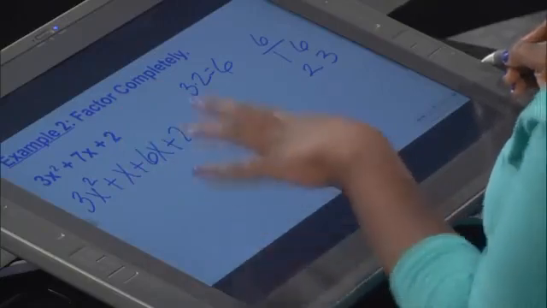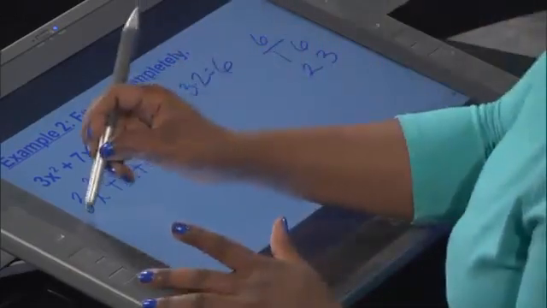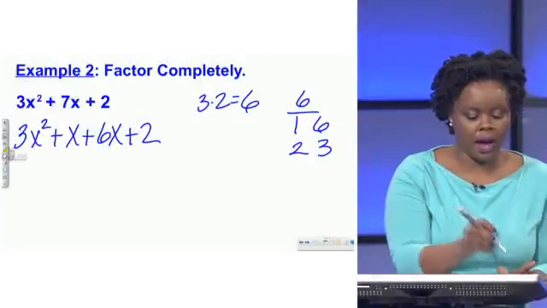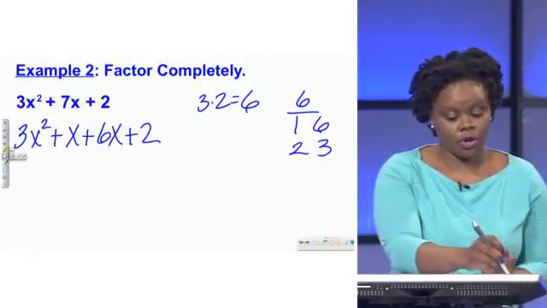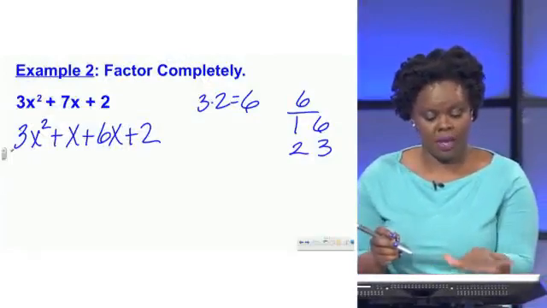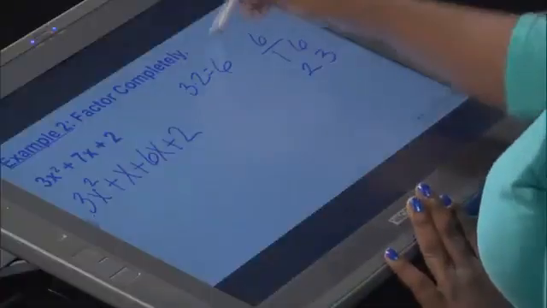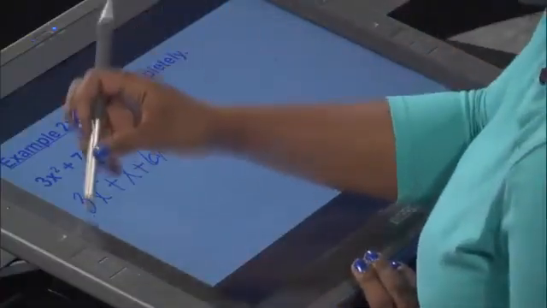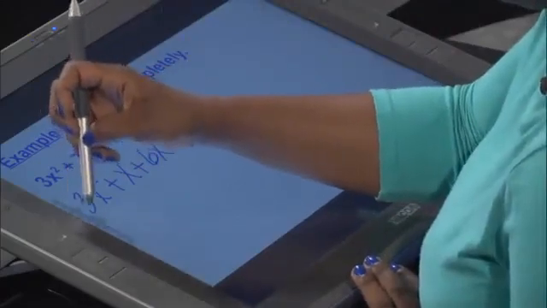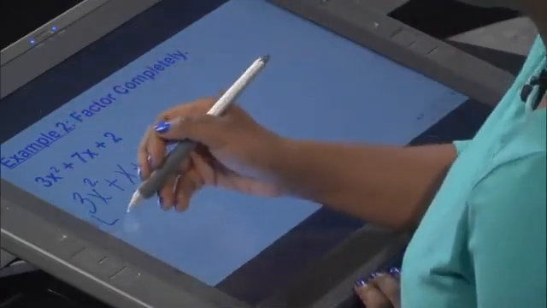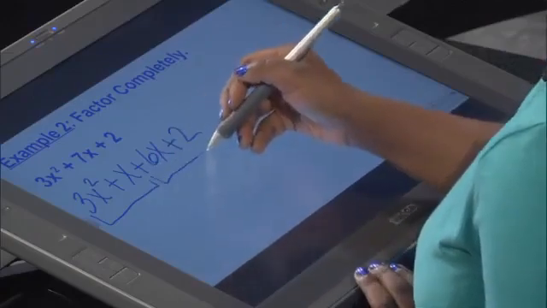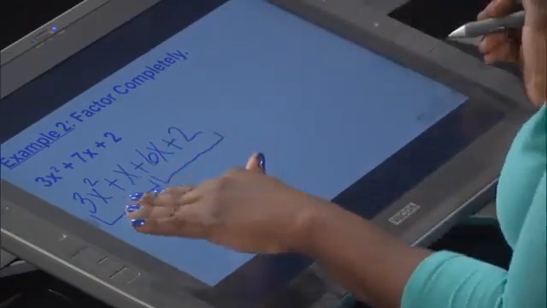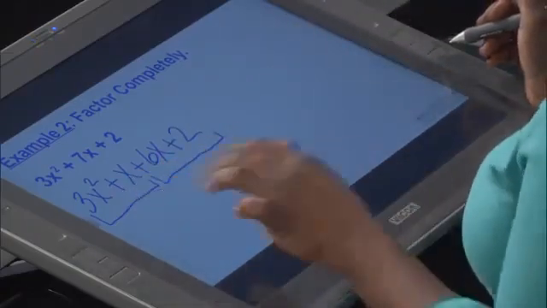Okay? So now that I've split the middle term, I'm at the point now where I need to factor these two groups, these two pairs of monomials. Okay, so let's consider this first group and then the second group. Let's see how we're doing with finding greatest common factors here.